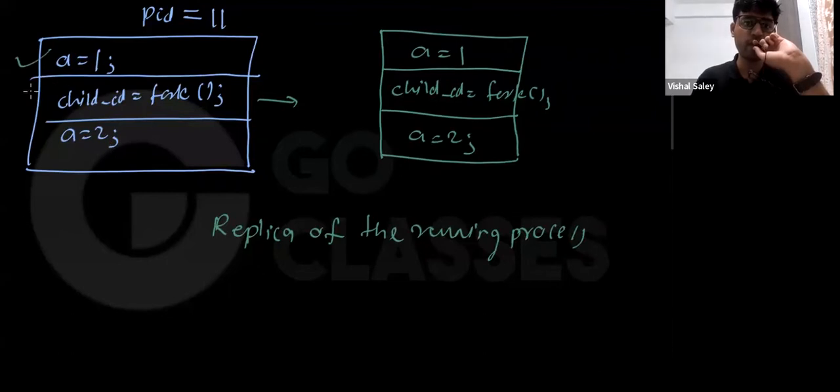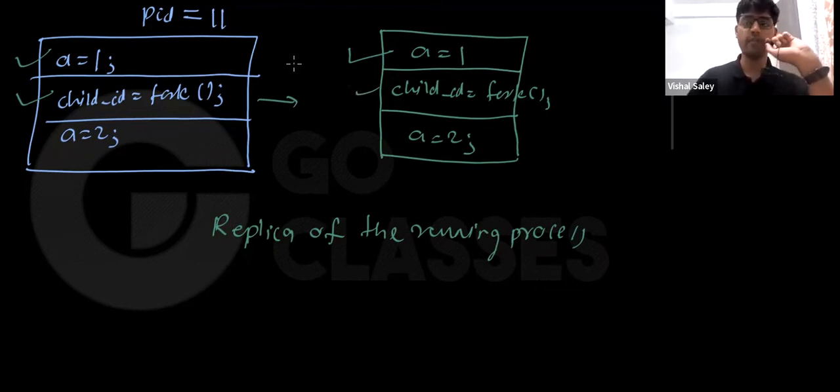It is executing the fork system call at this moment. It has asked the operating system to run a fork system call. So when the operating system creates an exact replica, it means that in this new replicated process, this is already executed and this is executing. Is this understood? It is a replica of the running process.